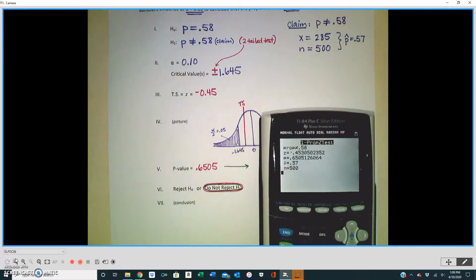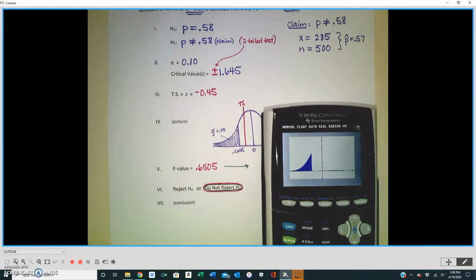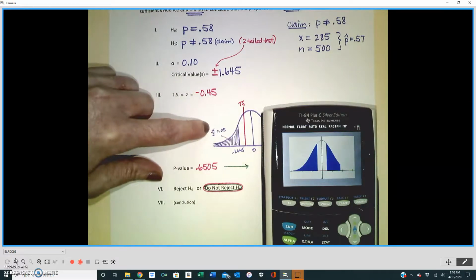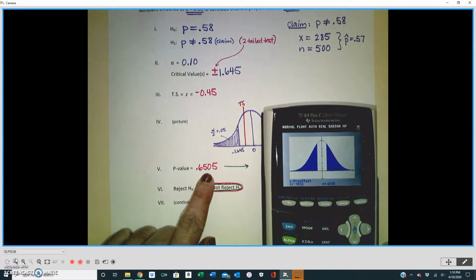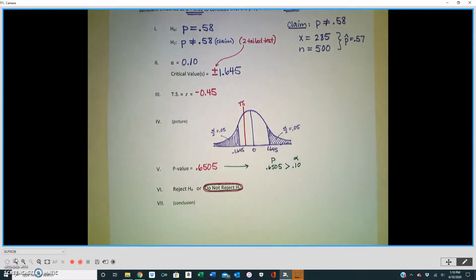This picture that was drawn, if I go back here to draw and let it draw again, what it's shading there in blue is from the test statistic over and then doubled. Why did they double it? Because it's a two-tailed test. So all of that blue is the 0.6505. Okay, it's way bigger. It's bad news for our claim.